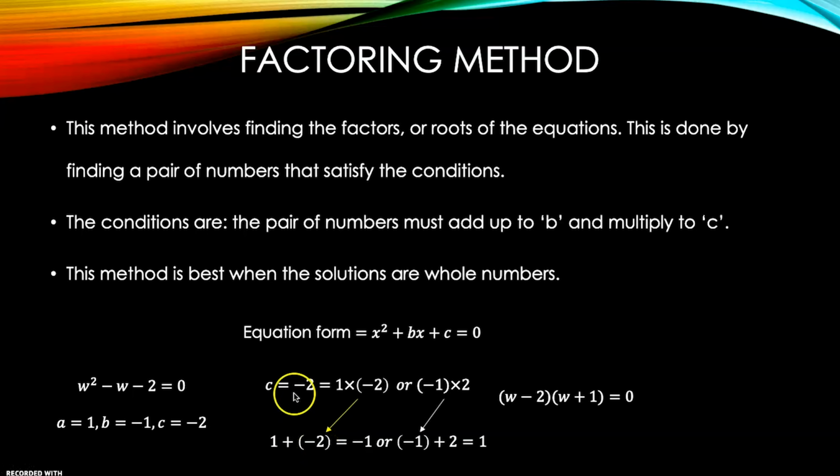And since we'll have those, we'll have the solutions that w minus 2 times w plus 1 is equal to 0. We factored out the 2 and the 1, and we set these equations separately equal to 0. W plus 1 is equal to 0, and w minus 2 is equal to 0. And we isolate them to get w is equal to 2 and negative 1.